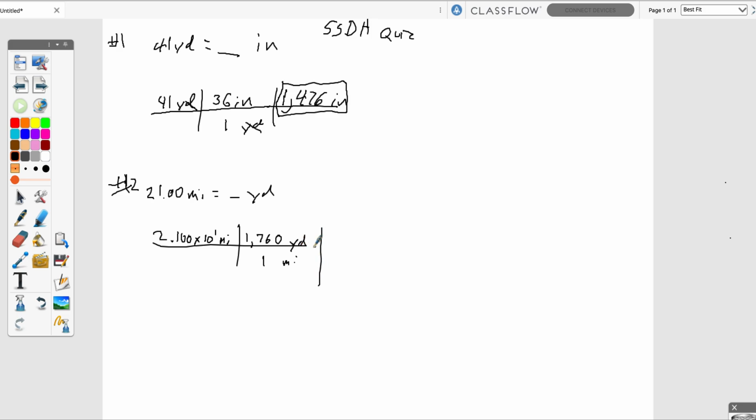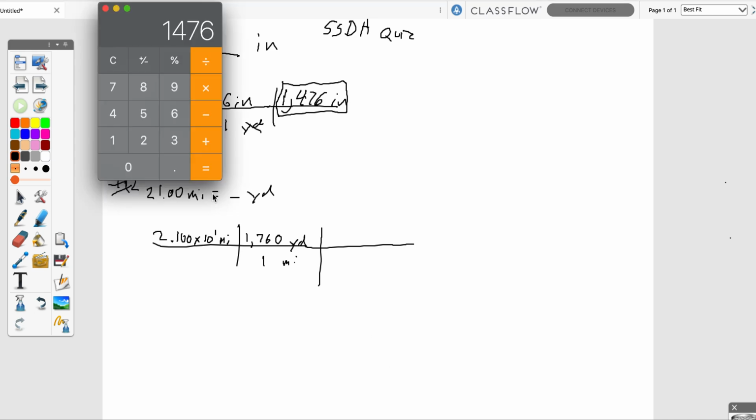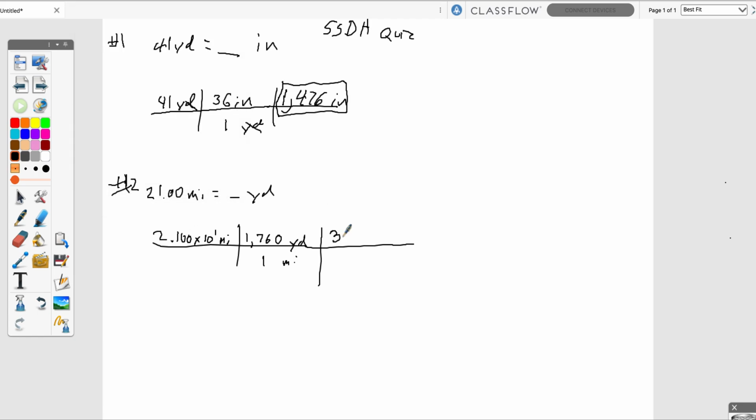Cool. All right, you guys, here we go. So with our calculator here, we're going to go 2.1 times 1,760 equals, okay, so we have 3,696 yards, right, because we can get rid of miles and miles, and then we have a comma right here.